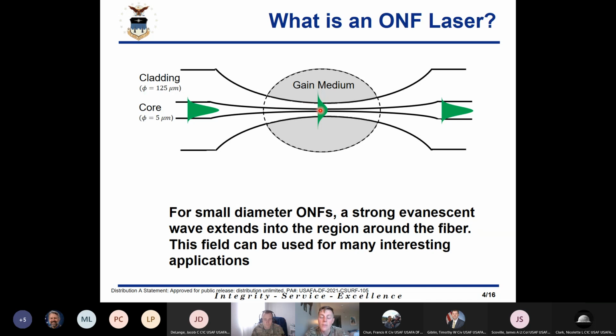But once we get into the taper region where the diameter is only about 1 micron, that 250 nanometers that the laser extends through the evanescent wave into the gain medium is an appreciable amount of the laser's power. That's why having these thinner fibers is much more beneficial to exciting that gain medium, because more of that laser power actually exists outside of the fiber.